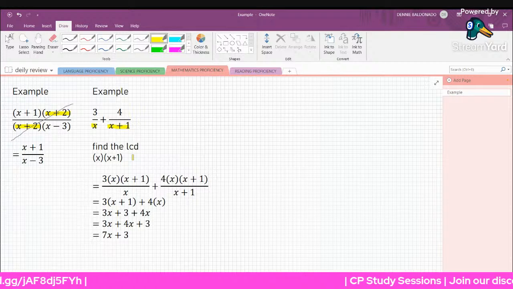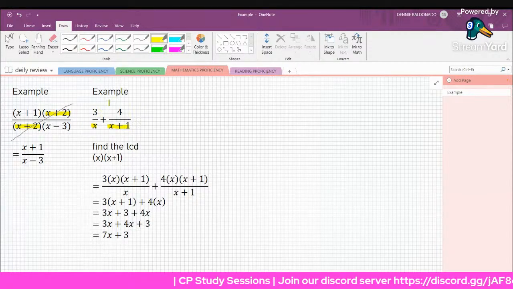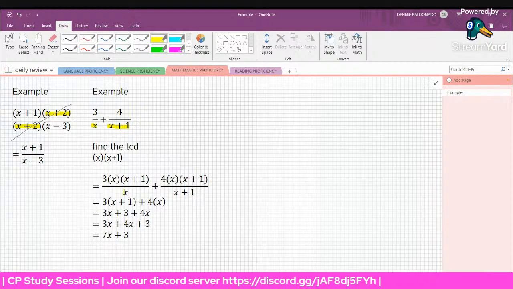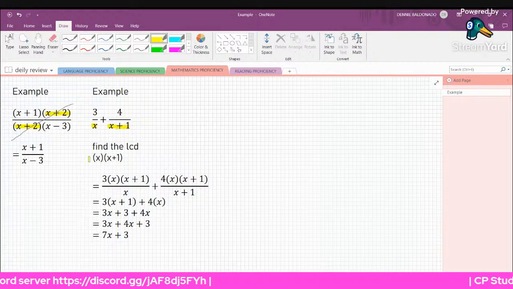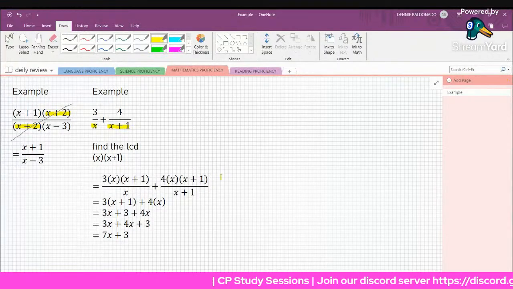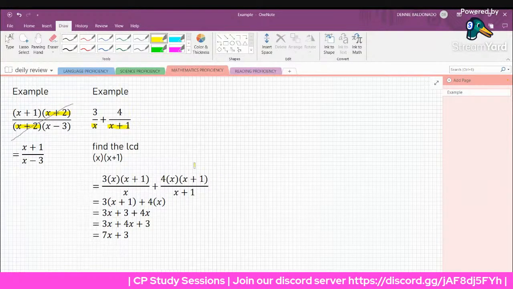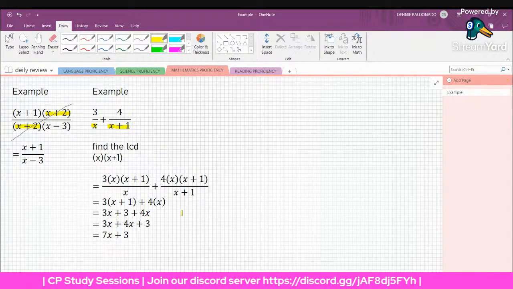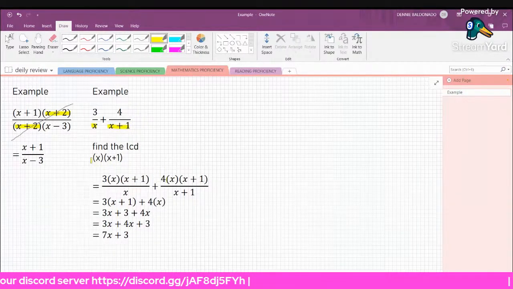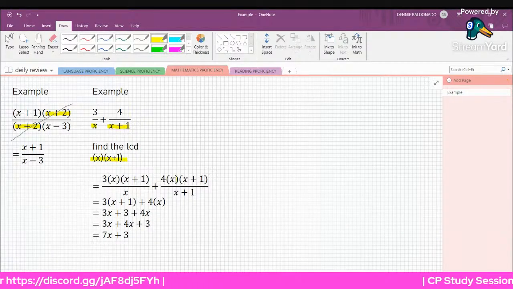So, copy nyo to, yung una nating fraction, 3 over x. Then, ilalagay nyo yung LCD, mumultiply nyo sa numerator. Then, ganun din yung gagawin nyo sa kabilang fraction, which is 4 over (x plus 1). Then, multiply nyo yung LCD natin sa numerator.